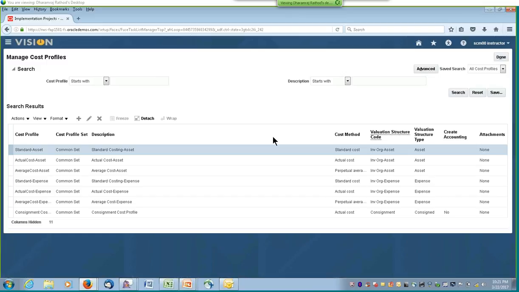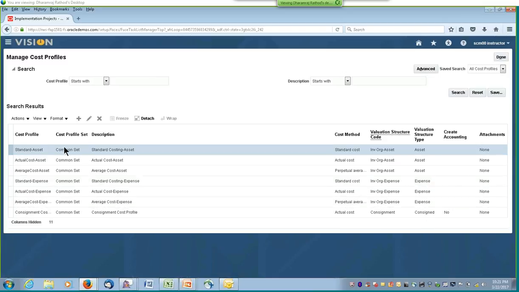But you could have expense delivery, and that will go to the expense side of your accounting, and then you have flexibility to keep track of the item quantity, and eventually it will go into the expense side of it, or the P&L. That's the reason we need expense valuation type, asset valuation type, and consigned.